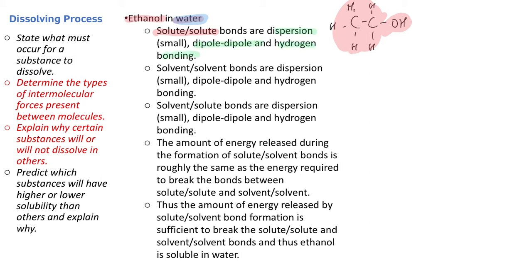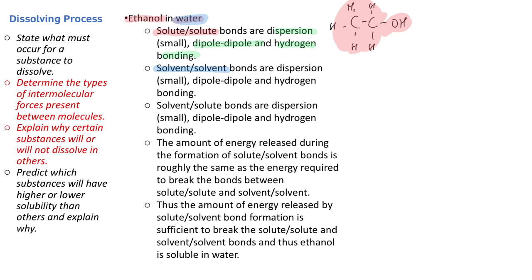The solvent-solvent bonds, which is the water, are dispersion, dipole-dipole, and hydrogen bonding. Notice I've said small amounts of dispersion force, because the hydrocarbon chain on the ethanol and the water molecule itself are reasonably small, so the dispersion forces are reasonably small.